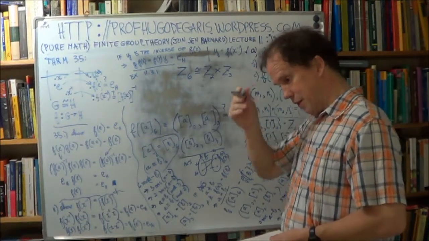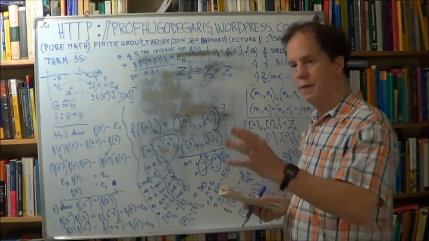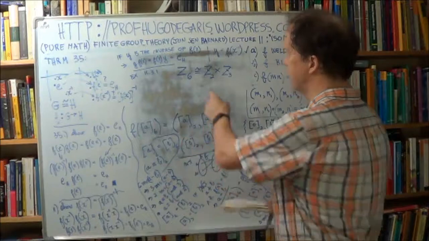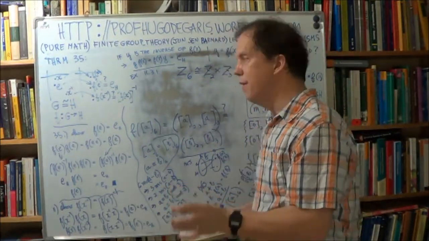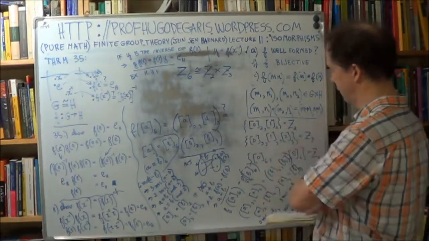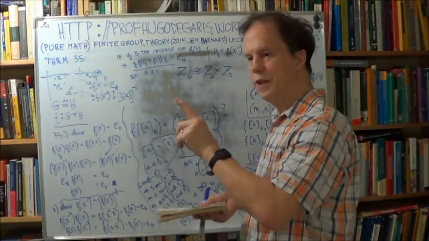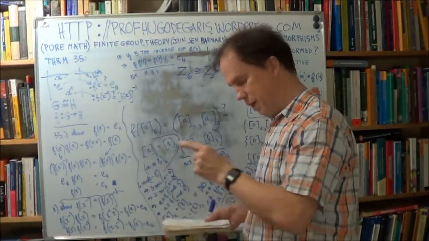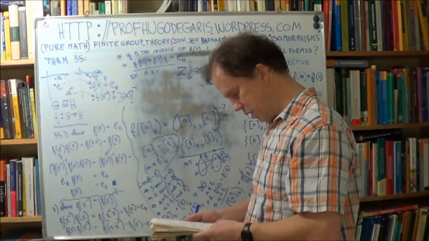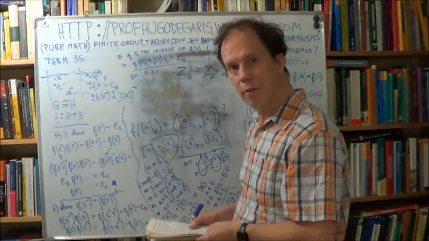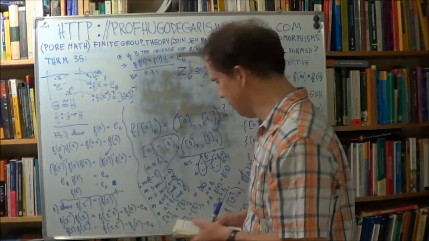Okay, surjective. Can you remember a theorem saying that if you have two sets, in this case two groups, that are of the same size, then if that mapping between them, the f, is injective, therefore it's surjective? Remember that theorem, which was theorem 27? You can go back to earlier lectures, and it's on page 76 of your textbook if you're using a textbook.